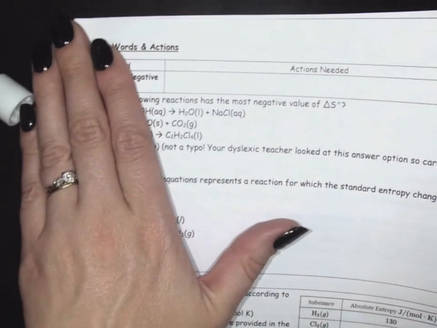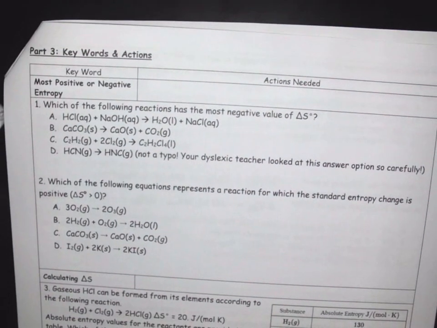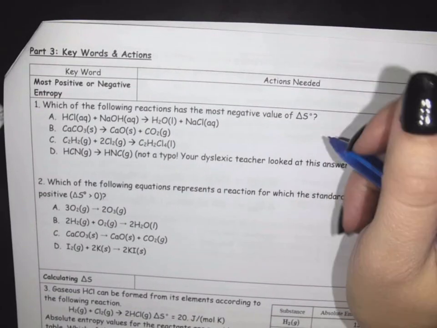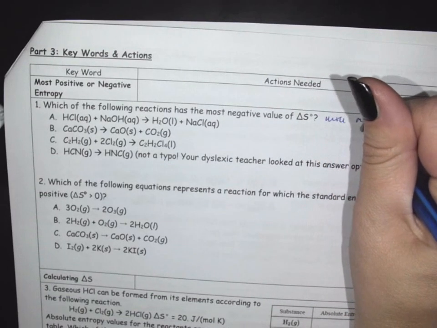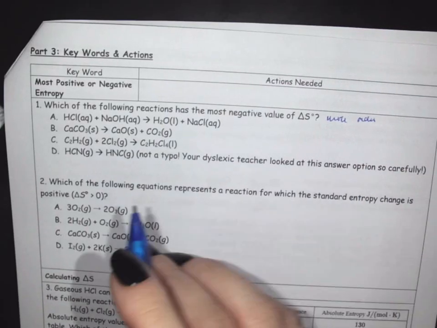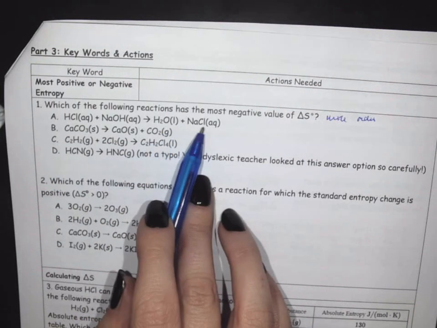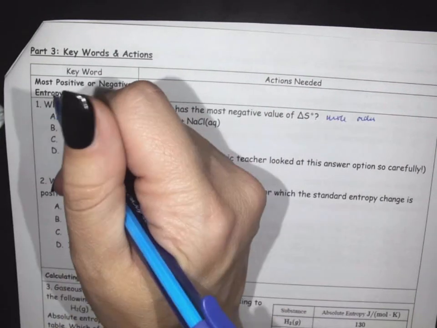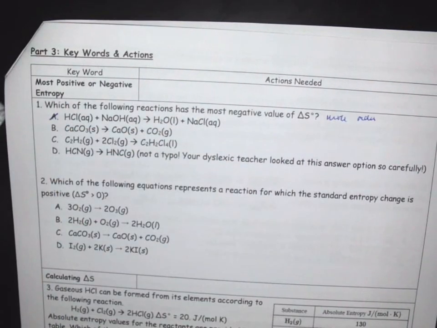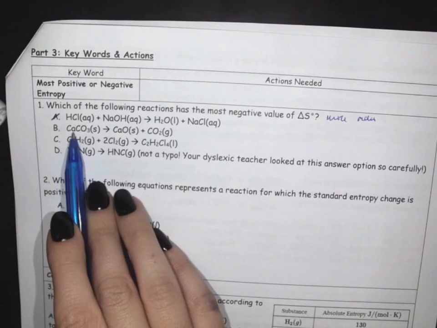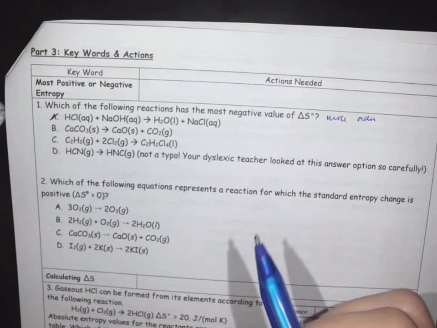And so it's the most positive number minus the most negative number. Okay. Now I'm going to make my way through these problems. Which of the following reactions has the most negative delta S? So most negative means it becomes more ordered or less chaotic. So I have 2 aqueous turning into 1 liquid and 1 aqueous. That's really similar. I don't think I could say that's a positive or a negative. This is 1 solid turns into 1 solid and 1 gas.